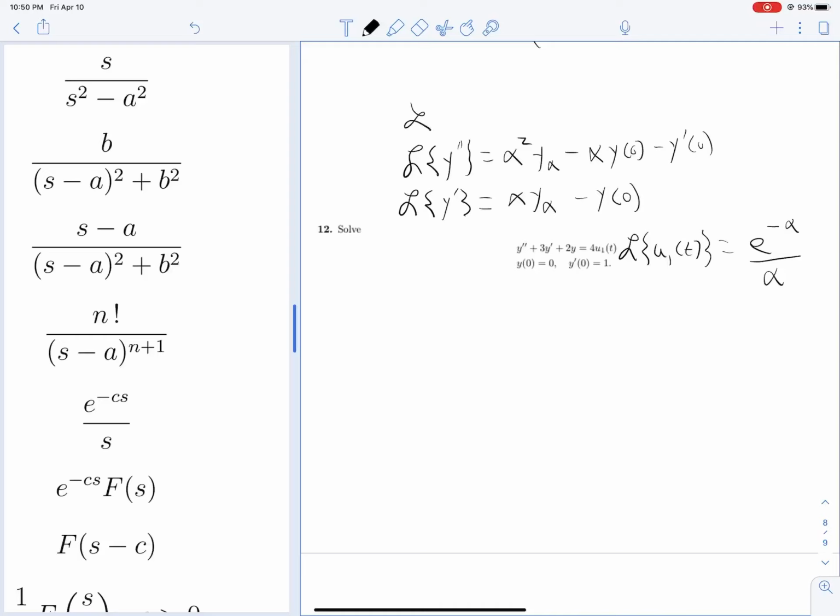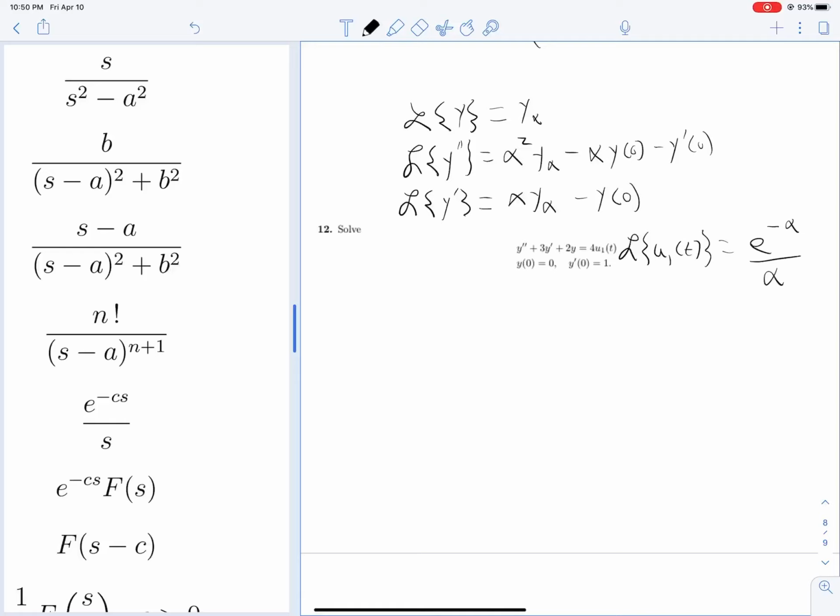And the Laplace transform of y is just y alpha, the way to express y in the alpha domain.